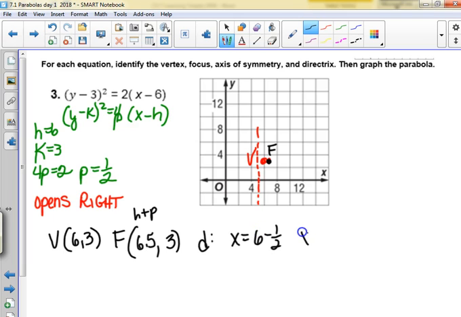What is that? Can I be lazy and put 5.5? Okay. 11 halves, I think, if you wanted it. As long as it's exact, I don't care if it's a fraction or mixed number. All right. Axis of symmetry.